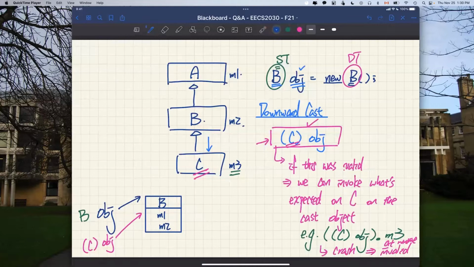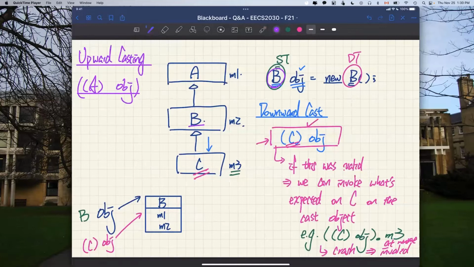What about upward casting? So when we try to do upward casting here, let's say we got OBJ, and the static type is actually B over here. Why don't we upward cast to A? This should be valid because if this was valid, what can you invoke on this cast expression?